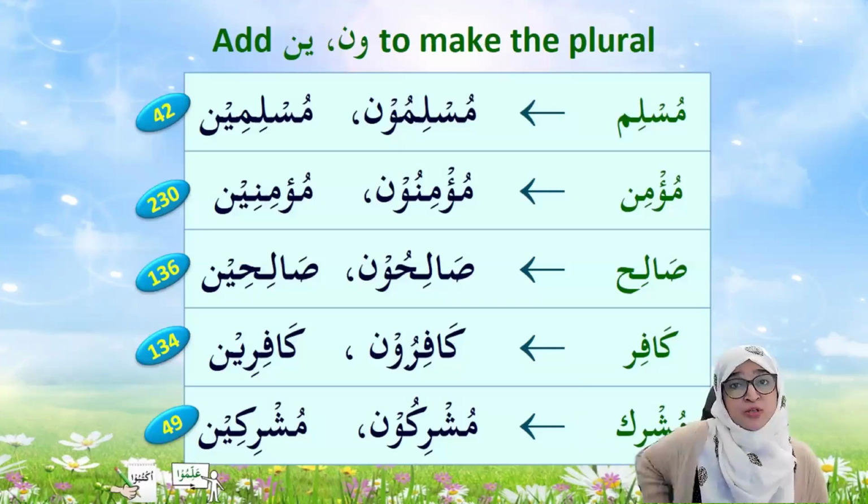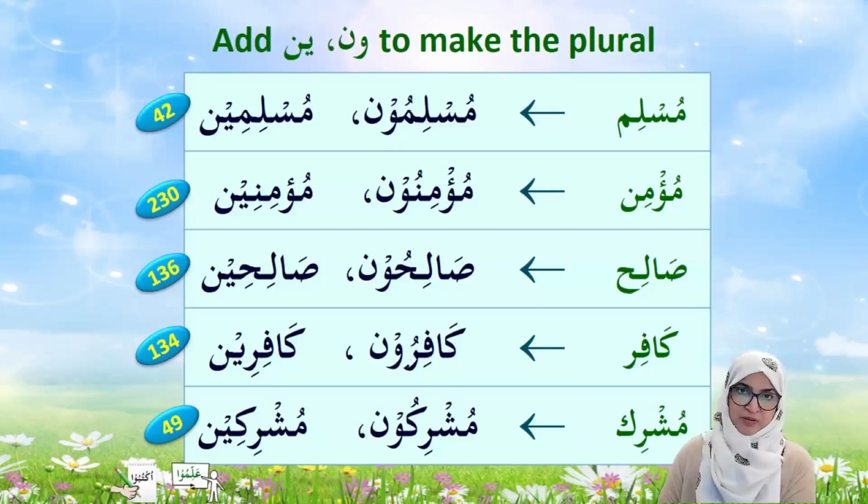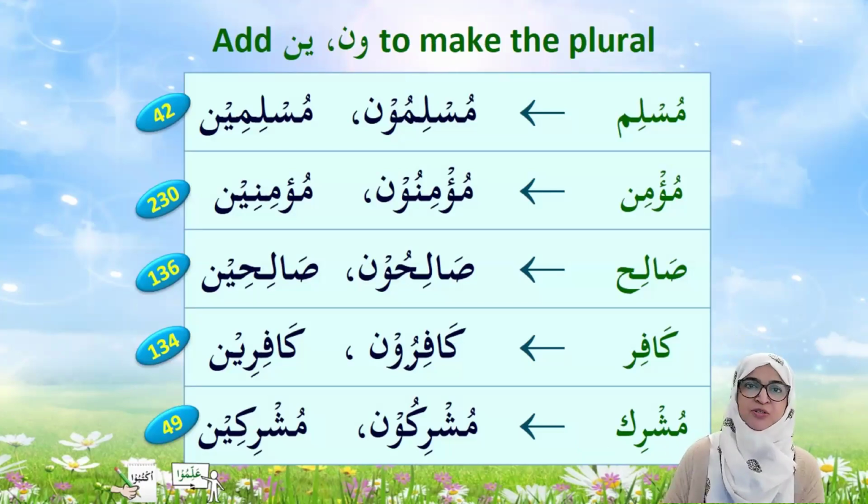All right. We also learned how to make plural. How to make plural? Very easy. You just add un or in. That's all you have to do. So Muslim, what is the plural of Muslim? Muslimun, Muslimin. Mu'min, plural of mu'min? Mu'minun, mu'minin. Salih, what's the plural of salih?